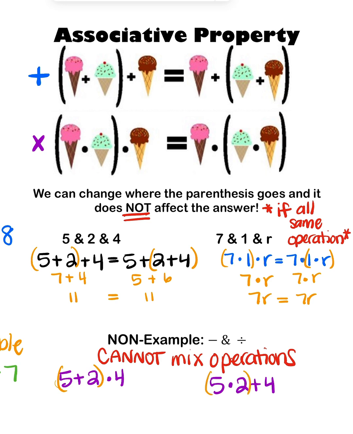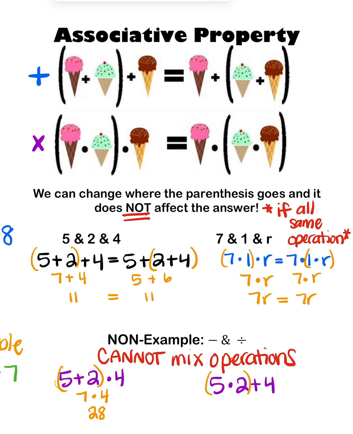So let's solve these and see if that works. So we changed the operation inside. So in this parentheses, our operation is add. In this parentheses, our operation is multiply. Anytime the parentheses changes operations, it's not going to be the same. So we're going to prove that here by solving. So we have 5 plus 2 is 7, and 7 times 4 is 28.